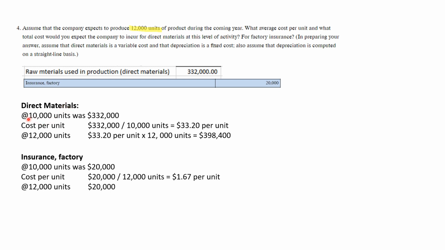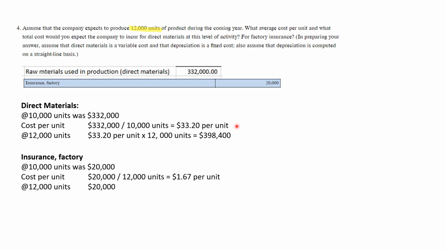So if at 10,000 units our cost was 332,000, our cost per unit must have been 332,000 divided by the 10,000 units from this year, which is 33.20 per unit. So that's our cost per unit. It will not change based on activity. So even if we sell 12,000 units, this will stay the same.